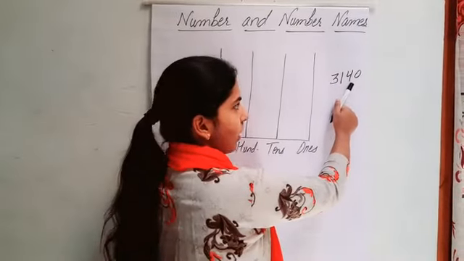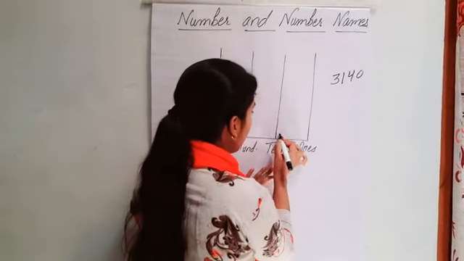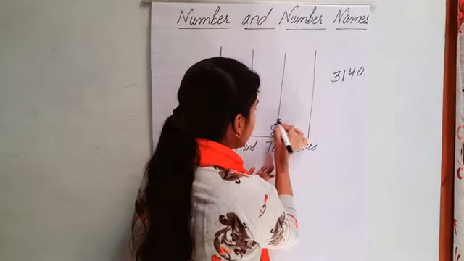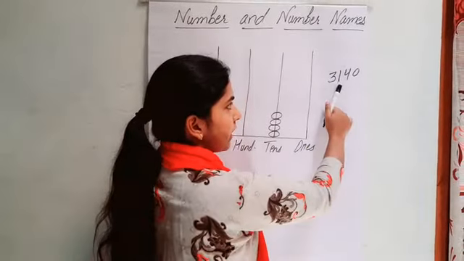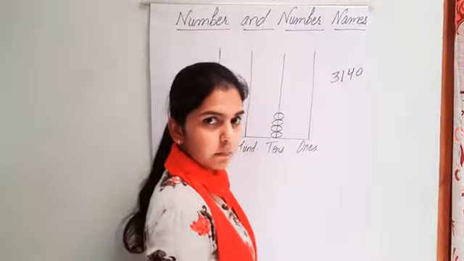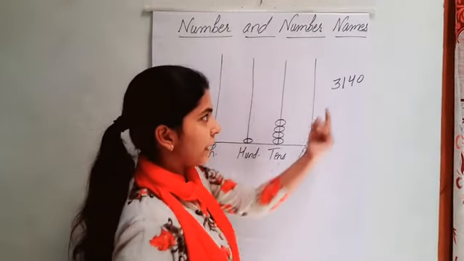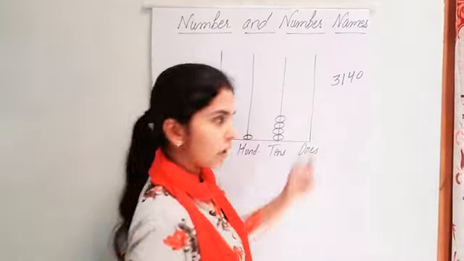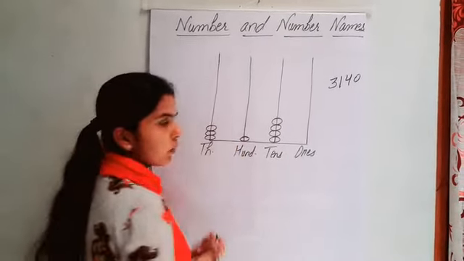Now you have to come to the next digit. Next digit is 4. So we will draw 4 beads here. 1, 2, 3, 4. Okay. After that, on next place, the digit is 1. So we will draw here 1 bead. And at next place, the digit is 3. So we will draw here 3 beads. Okay.